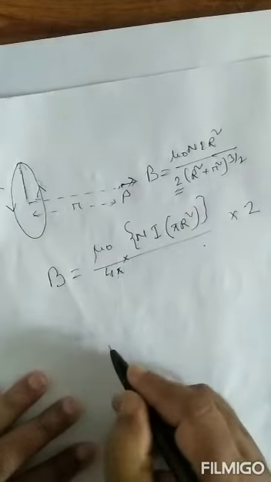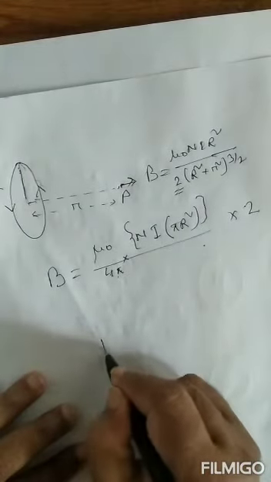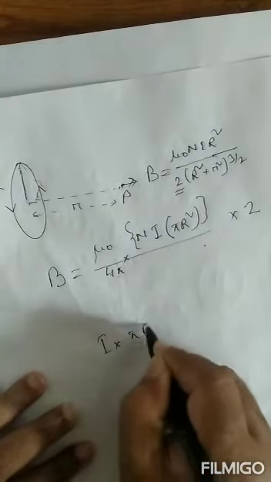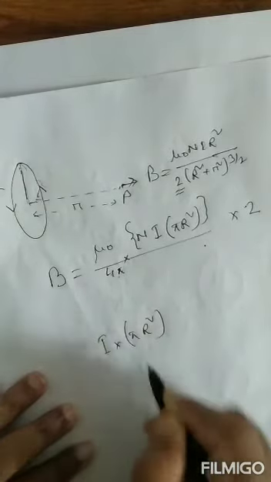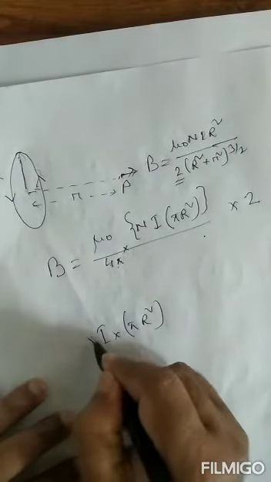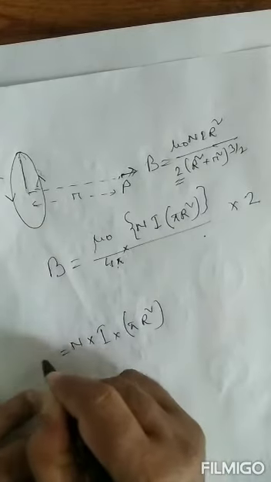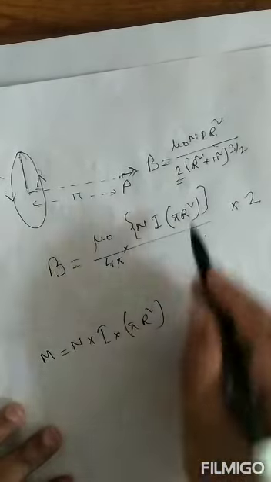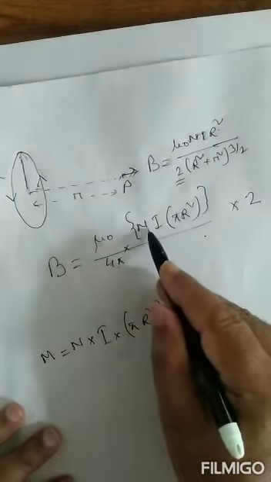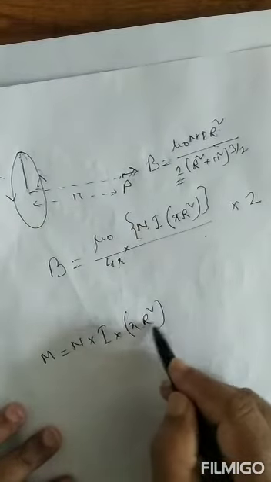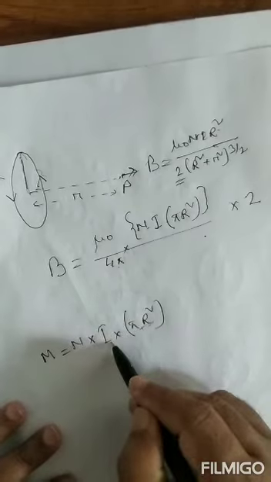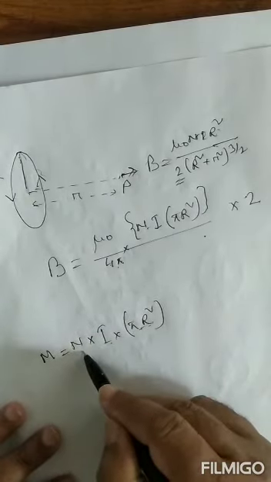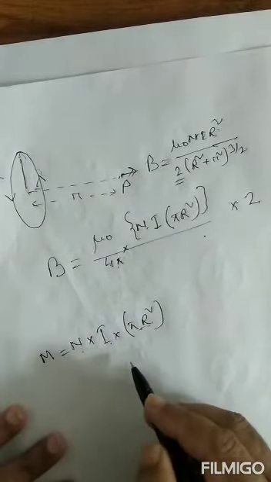We already derived that current into area of the coil, multiplied by the number of turns, is called the magnetic dipole moment. It acts as a magnetic dipole moment. So N I pi r square can be written like this: pi r square is the area of the coil, I is the current, n is the number of turns. This term gives us the magnetic dipole moment.